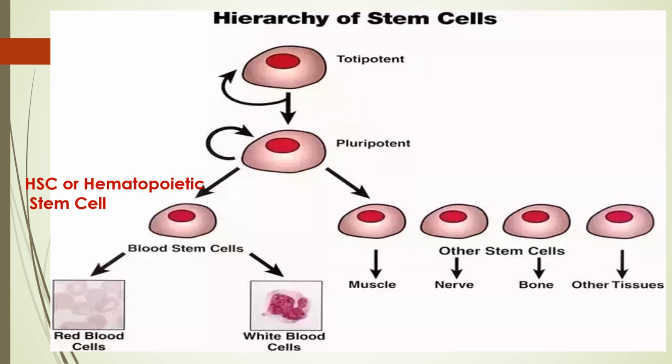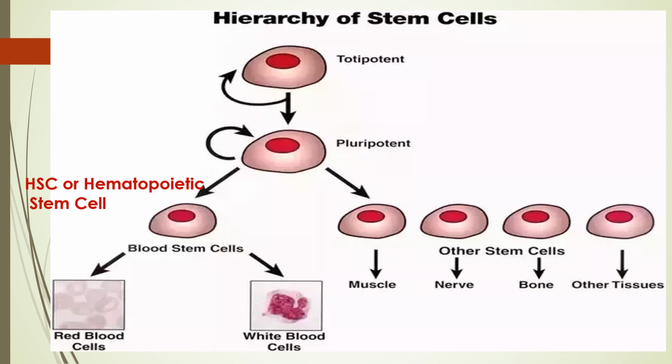As far as the hematopoietic system is concerned, this totipotent cell then differentiates into a pluripotent cell, and the pluripotent cell then differentiates specifically into the hematopoietic stem cell or HSC. This hematopoietic stem cell will give rise to all the blood cells which are circulating in the body.